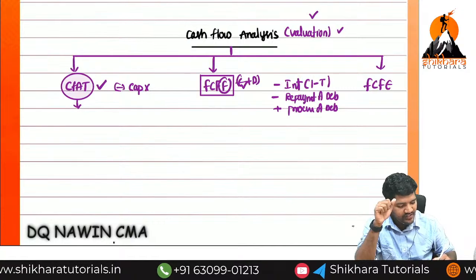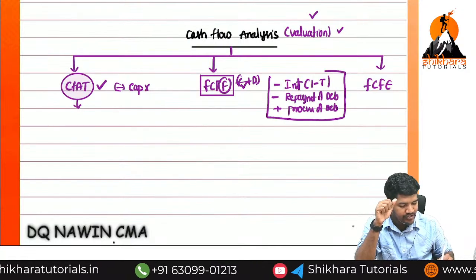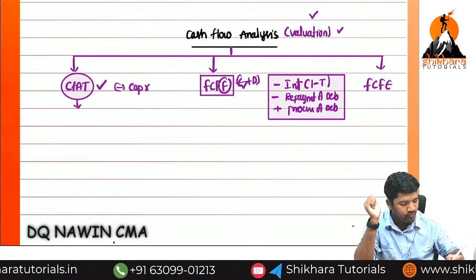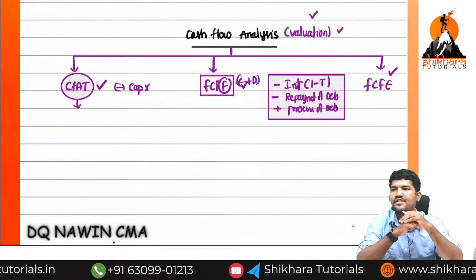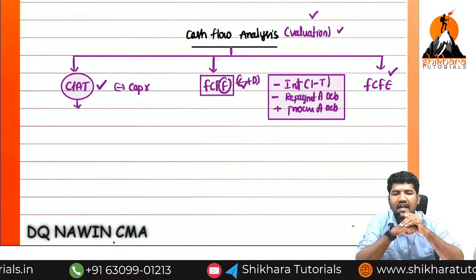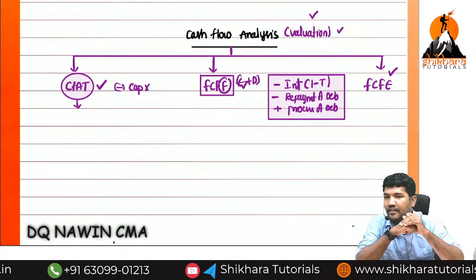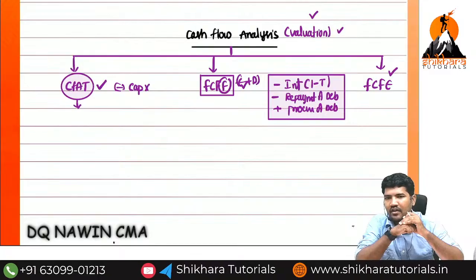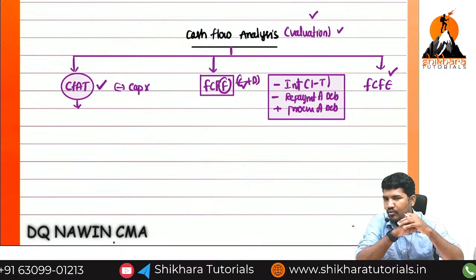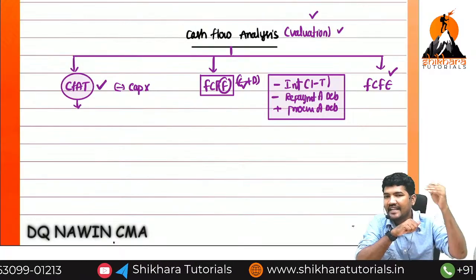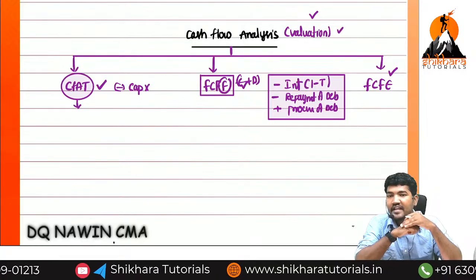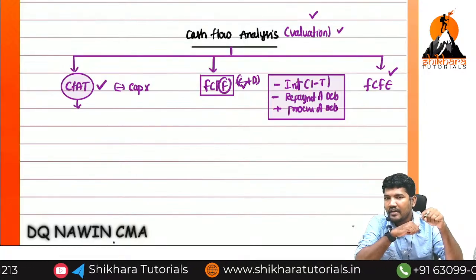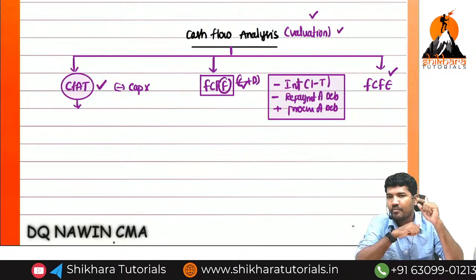If you adjust these three things for FCFF, you will get an outcome called FCFE, free cash flows of equity firm. Guys, clear? Now owners can share that cash. Here we are not sharing profit. Here we are sharing what? Cash. You have to keep that point in your mind.